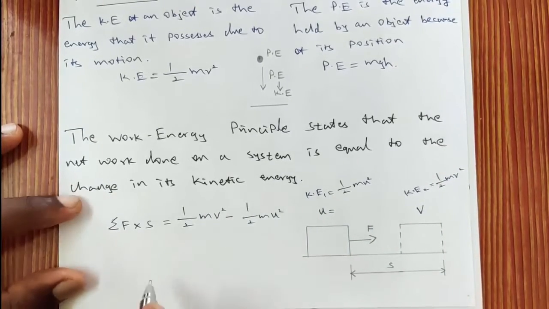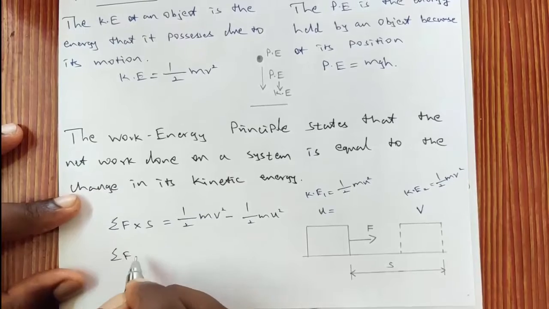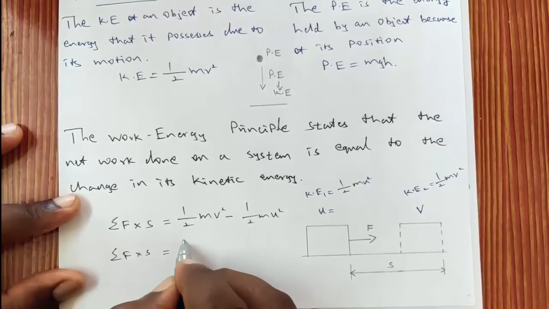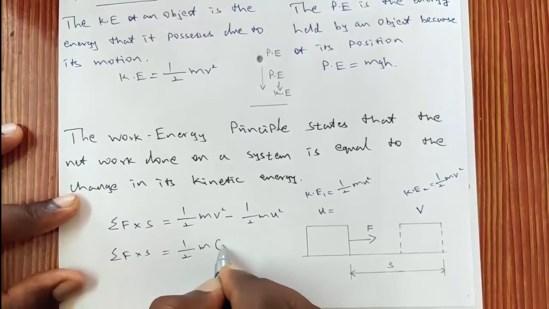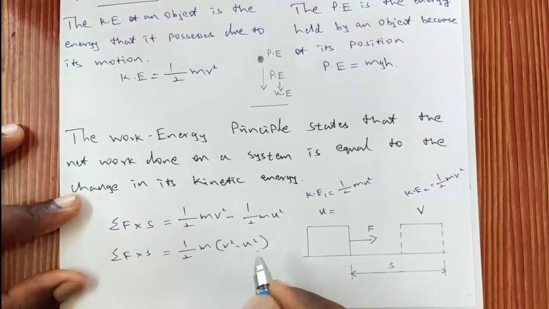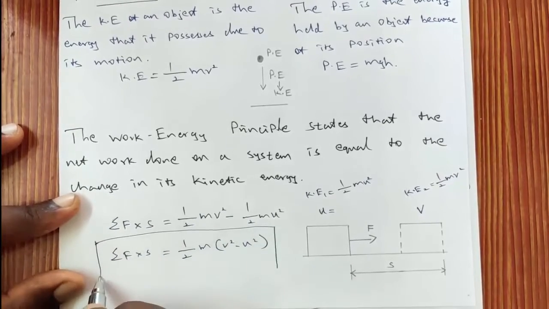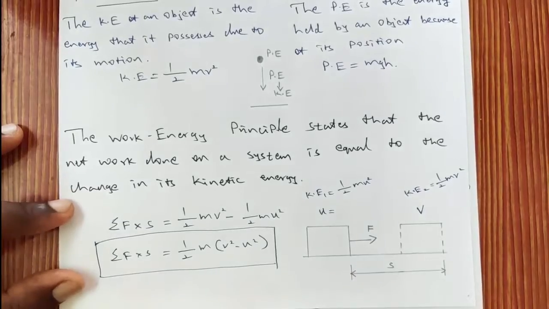So this can be written as summation of F into S is equal to half m into v square minus u square. So this is the equation for the work energy principle.